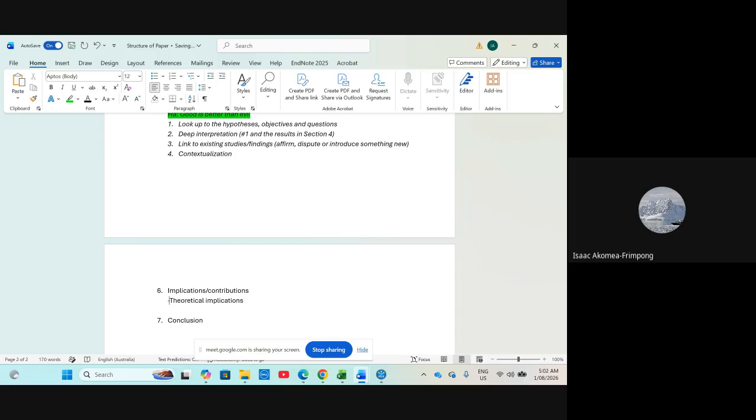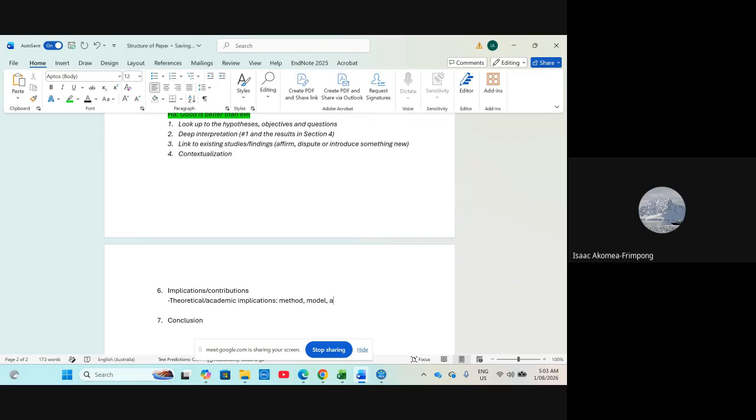In many cases, people prefer to use academic contributions or implications rather than theoretical implications, because theoretical implications tend to put the focus more on theory. What about if I'm not using theory? It doesn't mean my study is not important. So with academic implications, you can look at: did you introduce a new method? Did you introduce a new model?